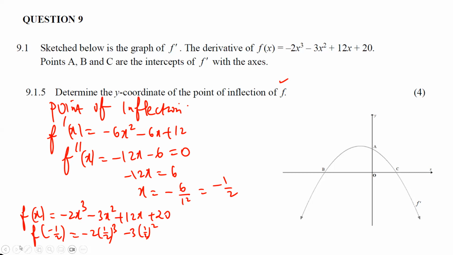So you square this, plus 20. So this is 13,5. They ask to determine the y coordinate of the point of inflection. This is the x value of the point of inflection. The y coordinate of the point of inflection is 13,5.